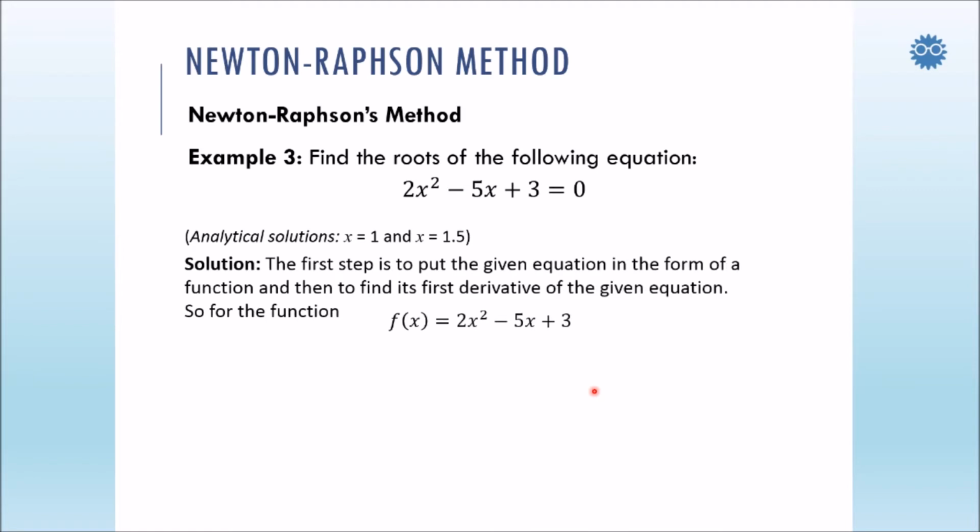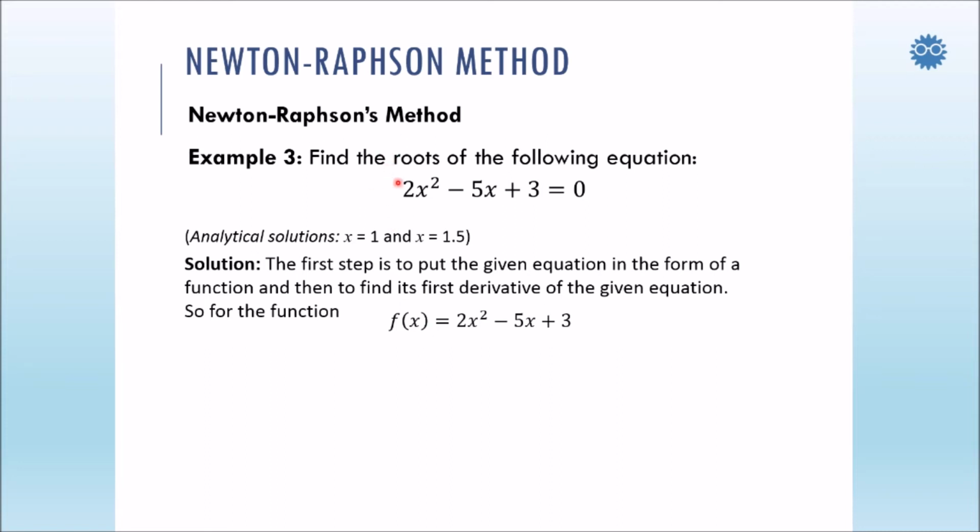by using the Newton-Raphson method. So the first step is to put the given equation in the form of a function, then find its first derivative. Because here this is a simple equation, it's not a function. There's no f of x here.